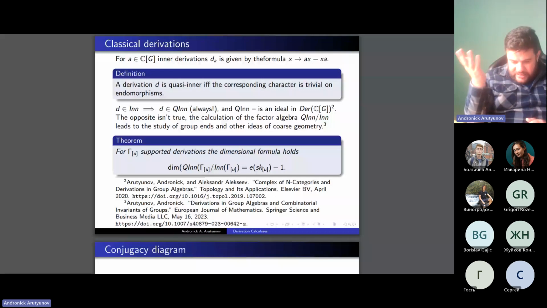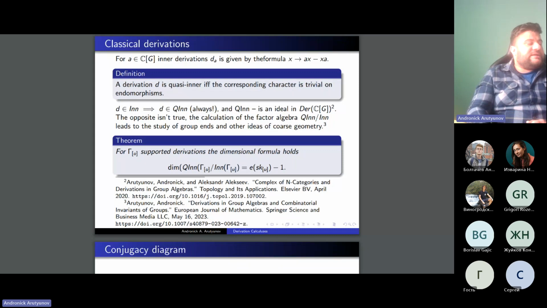I will explain what this graph is a little bit later, on the second frame. The number of ends is a geometrical invariant.